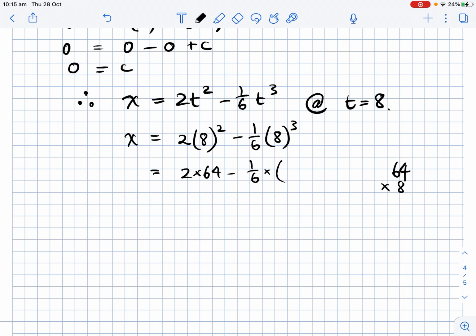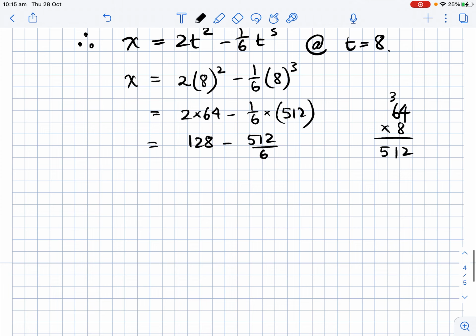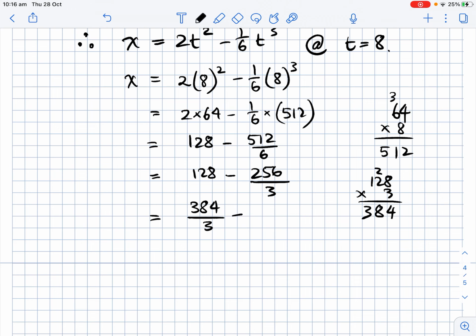That's 64 times 8. 64 times 8. 8 times 4 is 32, 8 times 6 is 48, so it's 512, which equals 128 minus 512 on 6, which is 128 minus, now I know they can both be halved, so that's 256 on 3. 128 times 3 is 384, so we've got 384 on 3 minus 256 on 3.